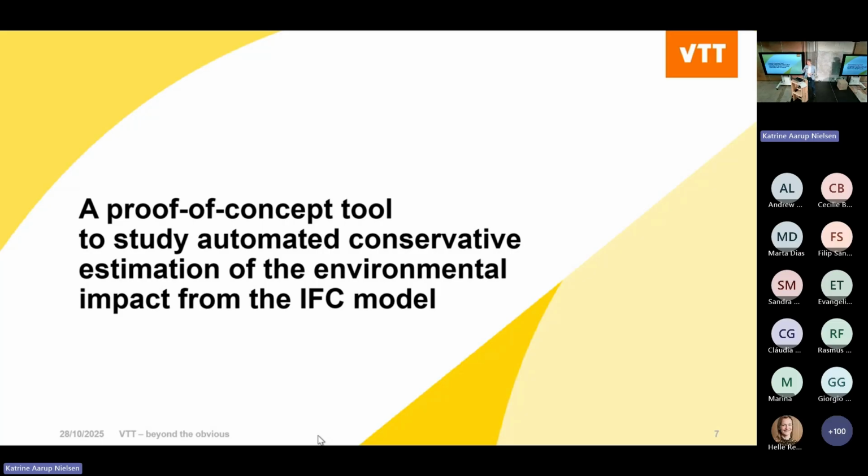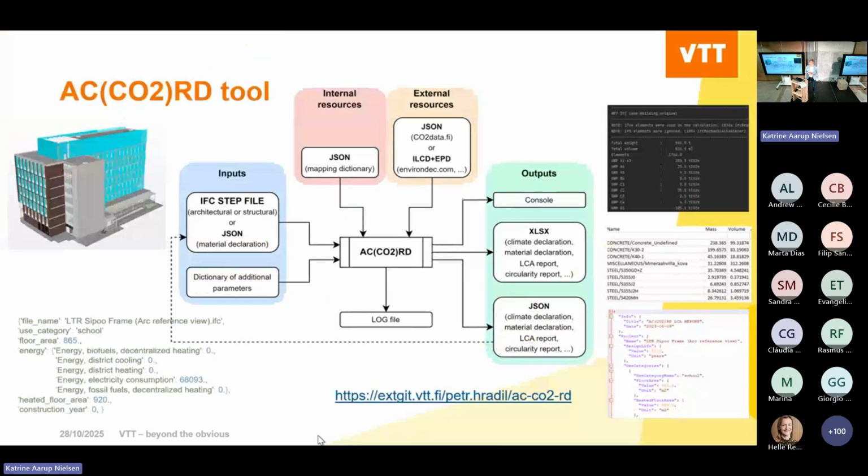I'm representing the research groups that are making a couple of these projects, one of which is ACCORD. These are proof of concept tools to study automated conservative estimations of the environmental impact of the IFC model. The researchers have done remarkable work on finding a tool that doesn't have a user interface.